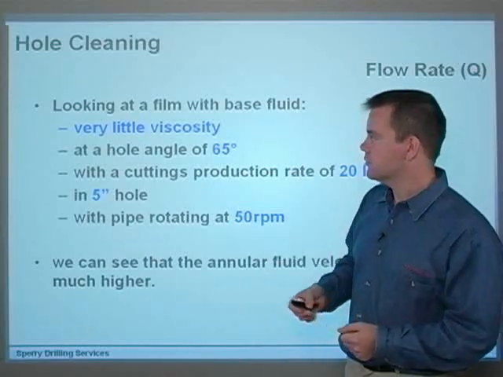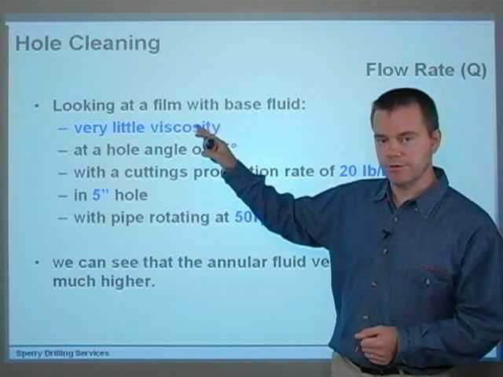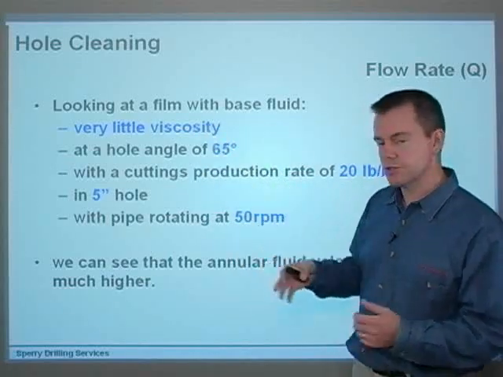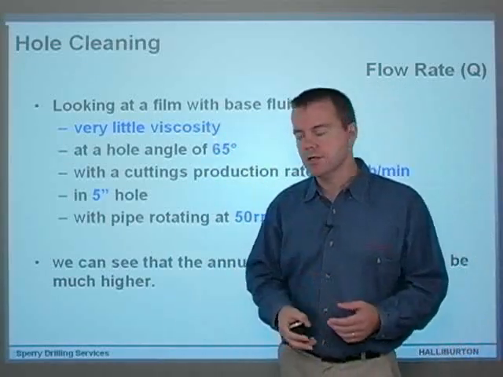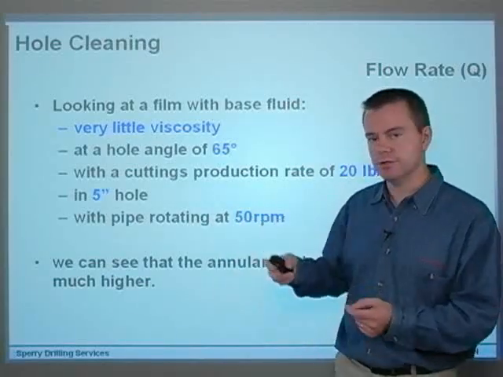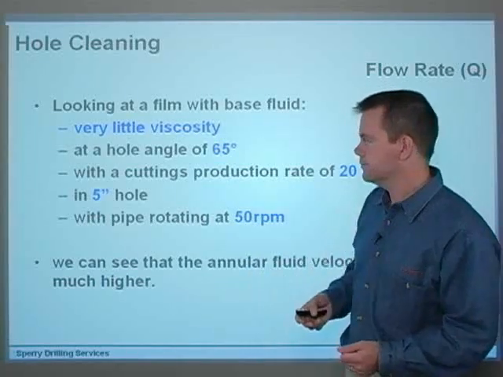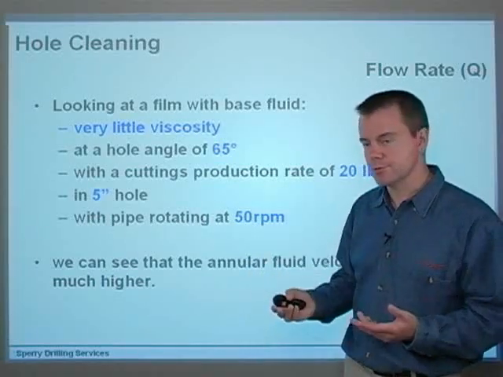One consequence of having a base fluid is that it's got very little viscosity, so it's not got a lot of carrying capacity. The critical velocities in the annulus that we have to achieve will be much higher than they would be for most muds. But regardless, the principles are the same.